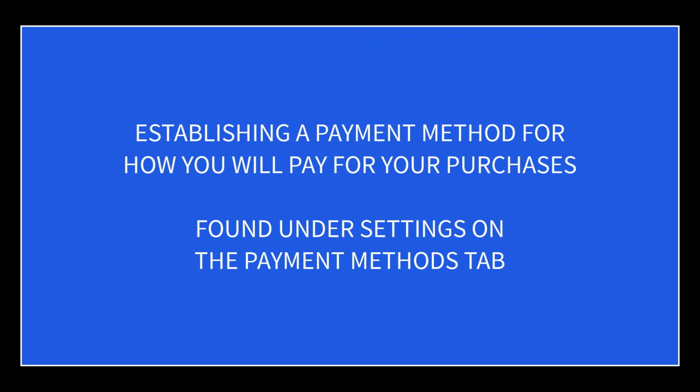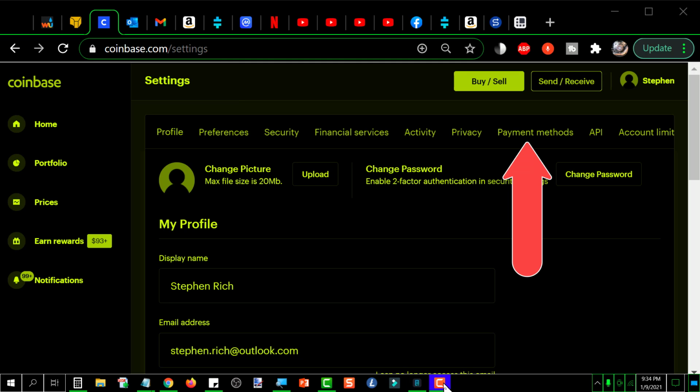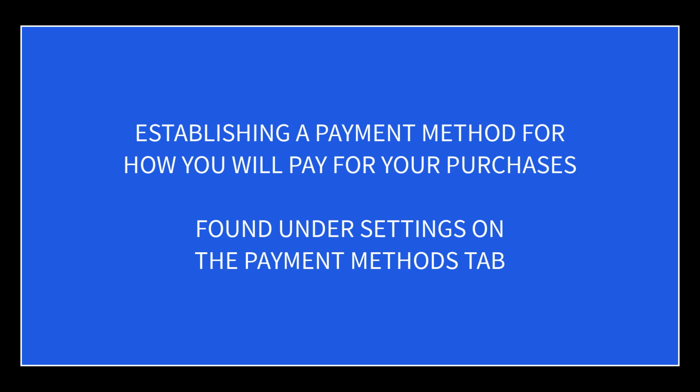Next, you have to establish a payment method. It can be a credit card, a debit card, your bank account, and that involves a process by which, well, let's say your bank account, for example. Once you establish the bank account, which is putting your routing number and your account number in, Coinbase will send two very small deposits to your bank account. Both of them will be less than $1.